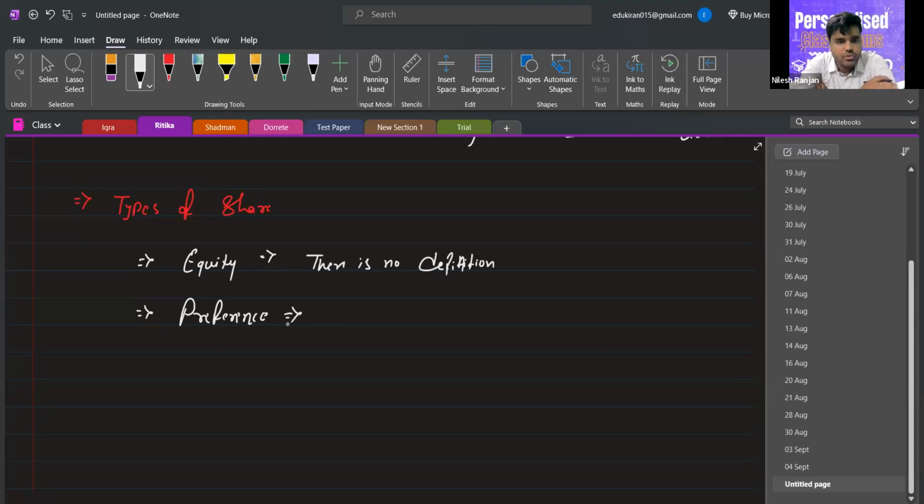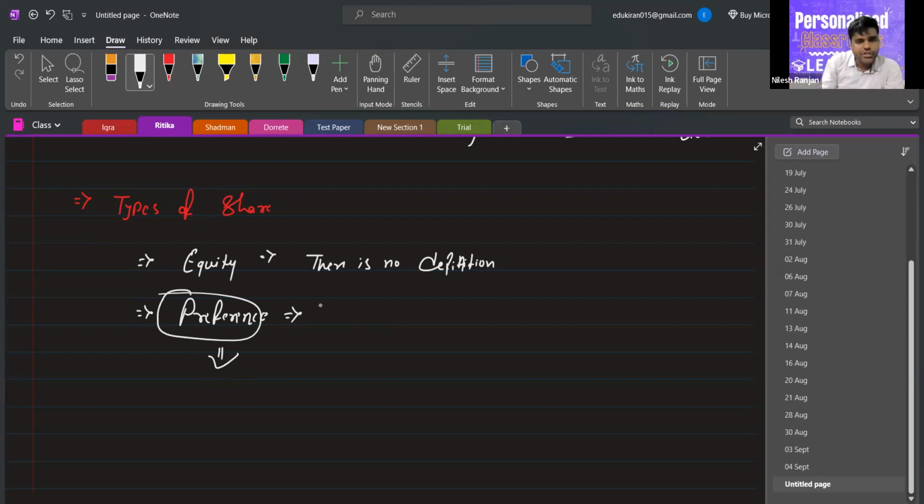The word that is given here is preference. What does it mean? That it is preferred first. It is preferred over something or someone else.